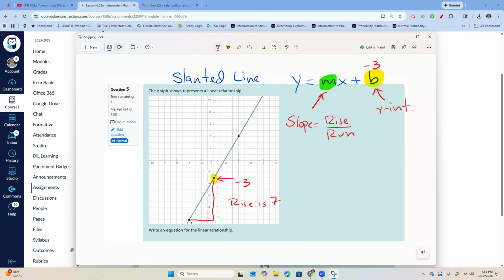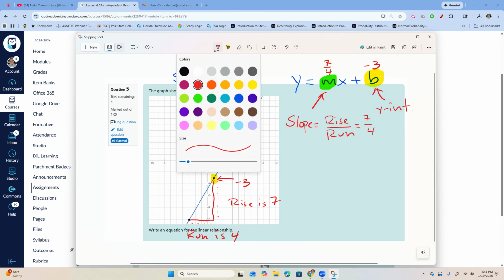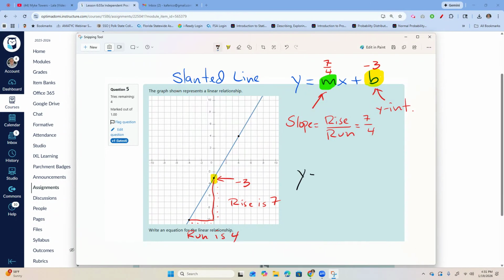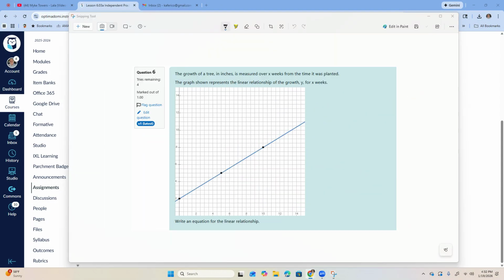And my run, 1, 2, 3, 4. My run is 4. So what will be the slope? Rise over run. So 7 over 4. And that will be my m. So my final answer is the equation y equal 7 over 4x minus 3. This is the equation that will make that line. All right? I hope this is making sense.